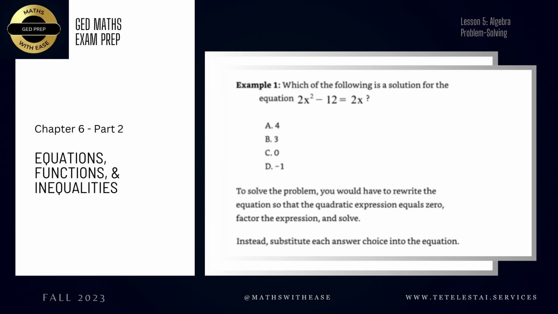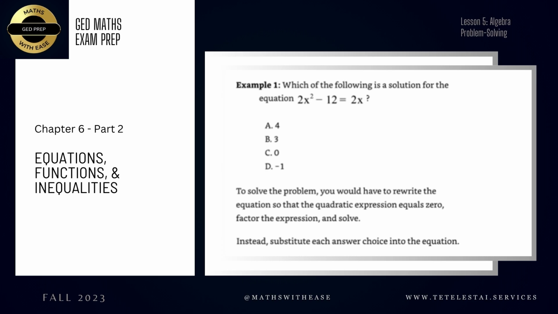But the book is telling you that instead you can use the guess and check method, which just involves substituting the options that you're given, because at the end of the day, solving a quadratic expression just means finding the value that x should take on to make this expression true.